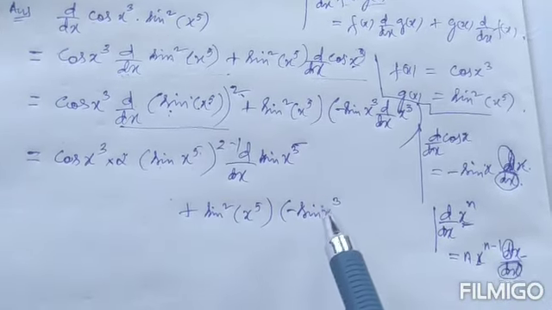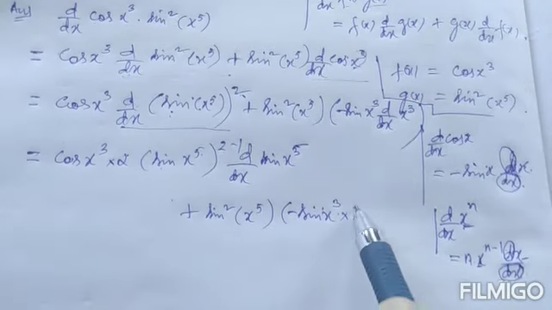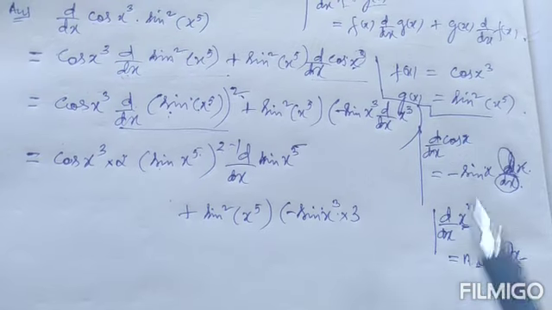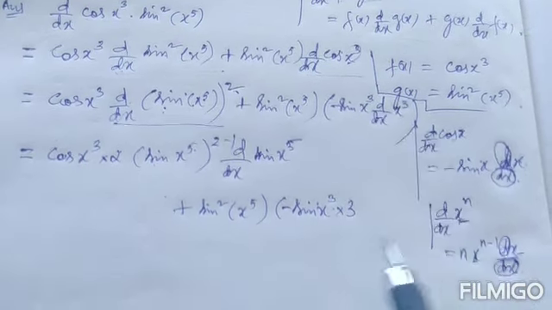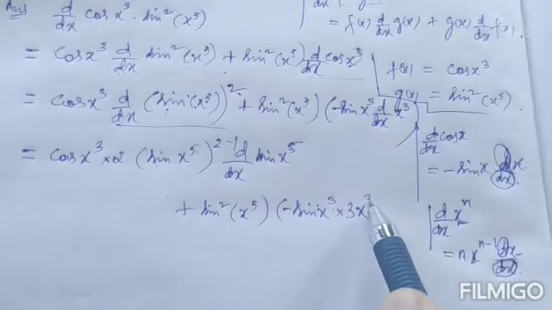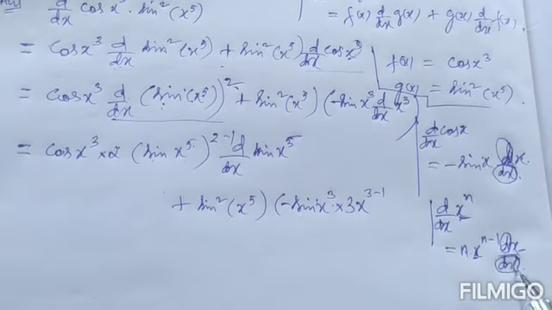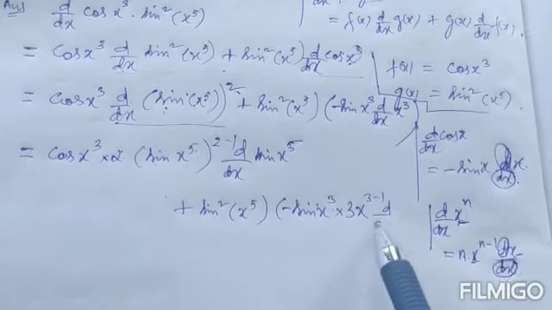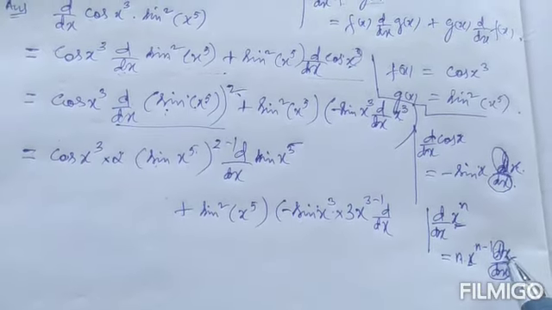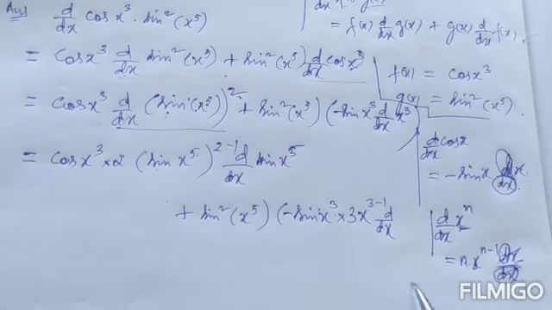So I'll have 3. And then x, in this case, I have x as x only. That means it will remain x only. n minus 1, that means 3 minus 1. Then d by dx remains the same. And then in place of x, x only will come. That means dx and dx will get cancelled.